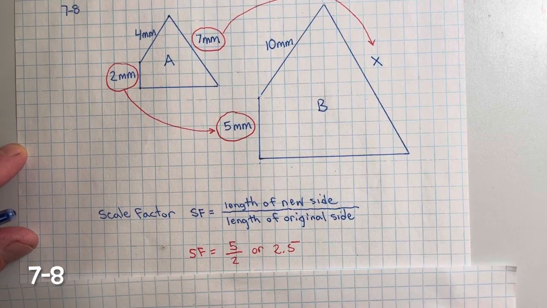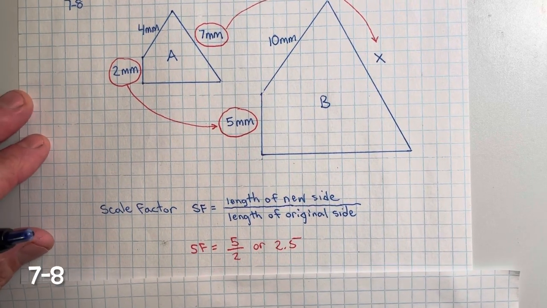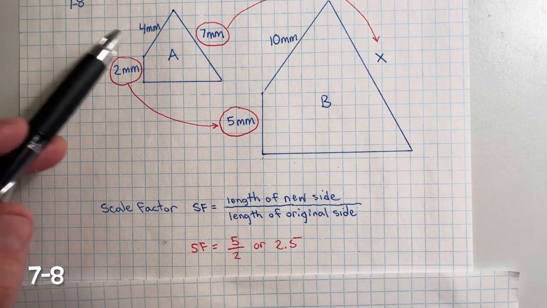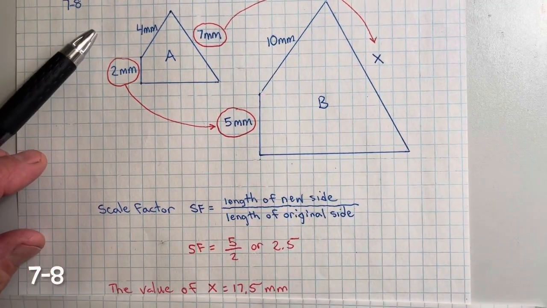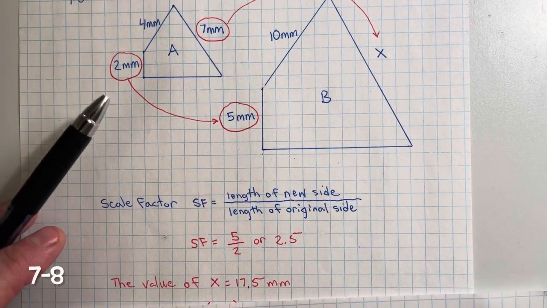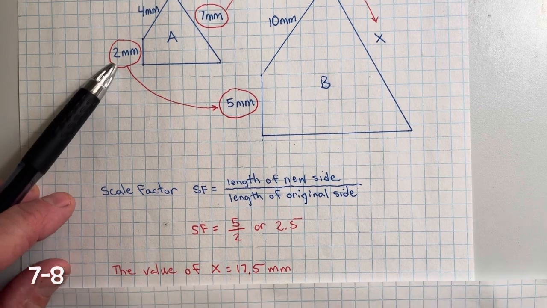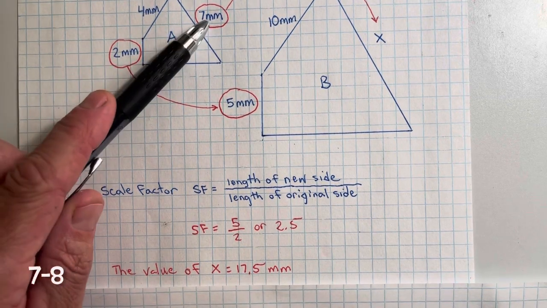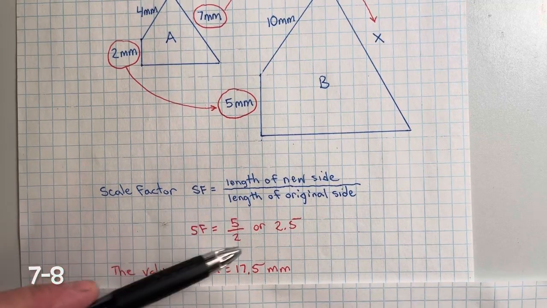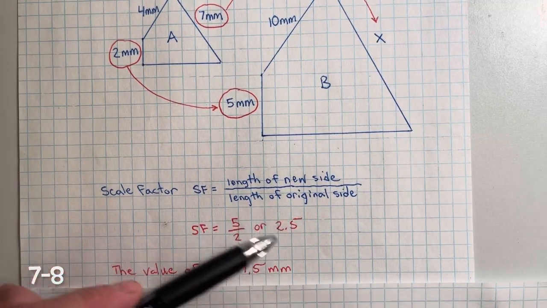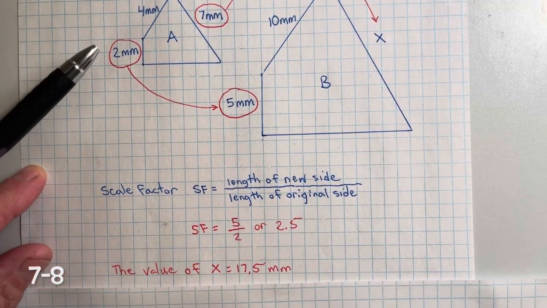The second part, part B, we need to find the value of x, the length of x. We can do that by multiplying by the scale factor. We know the scale factor is 2.5. I could use 5/2, but I'd rather use the decimal form, 2.5.